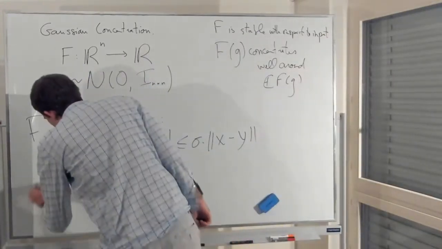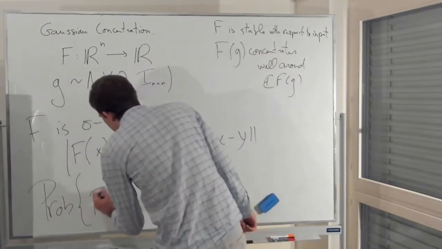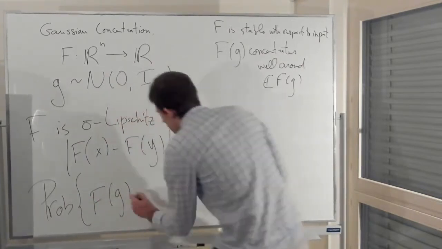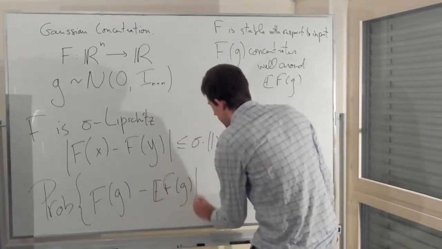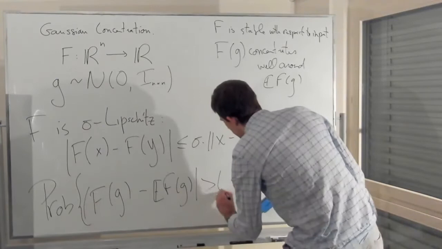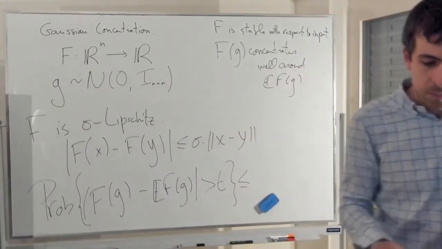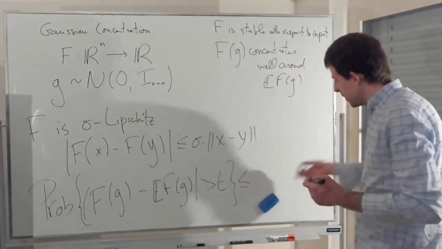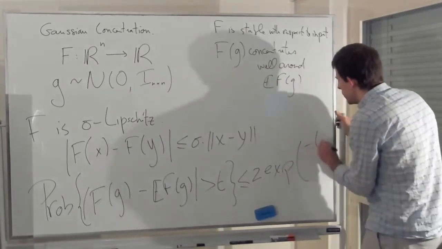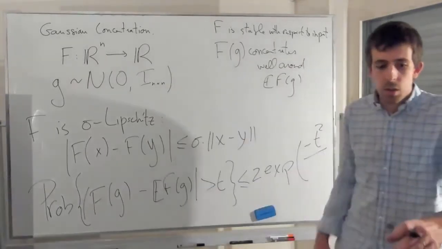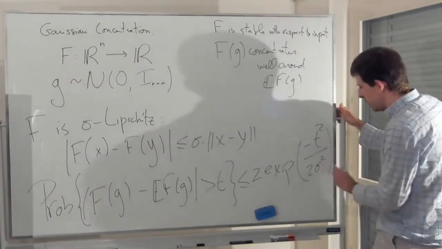In particular, it says that the probability of f(g) being very far away from its mean, bigger than t, is smaller or equal than something that we've seen many times: 2 times exponential of minus t squared over 2 sigma squared.